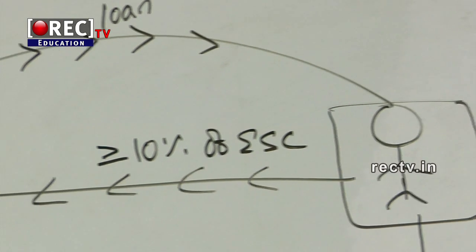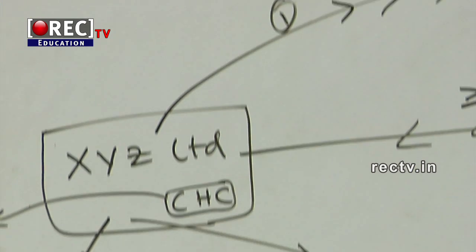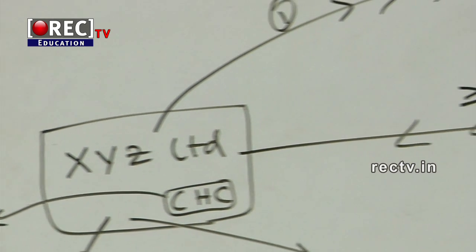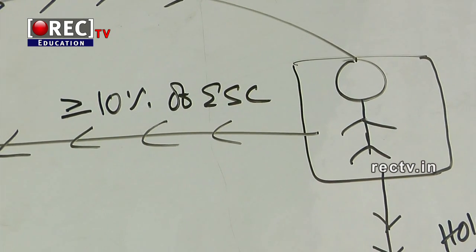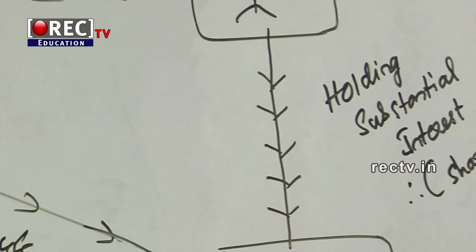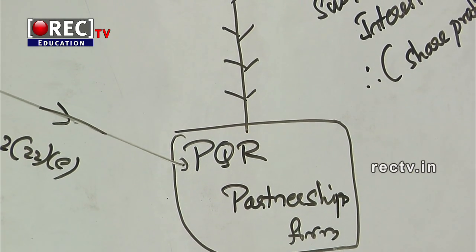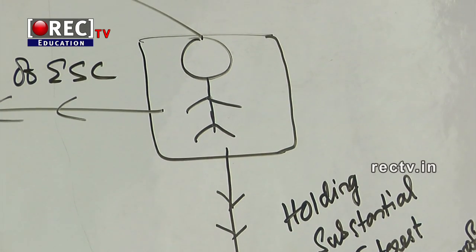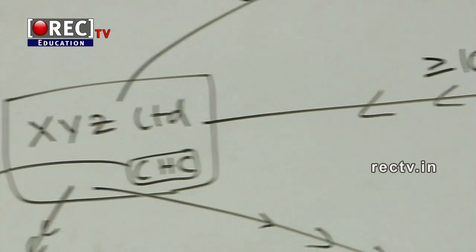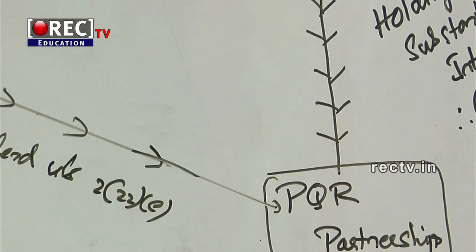Now Mr. A has 10% or more of the equity shares in XYZ Limited, a closely held company. And this person also has a substantial interest in a partnership firm, PQ. So this person has equity share capital in XYZ Limited and holds a substantial interest in the PQ partnership firm.